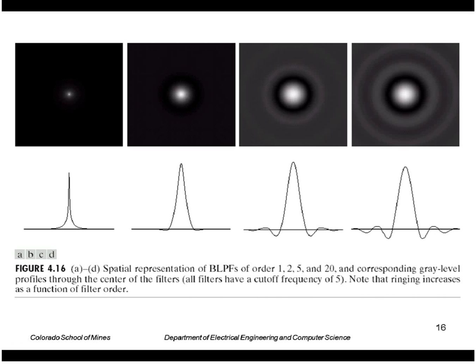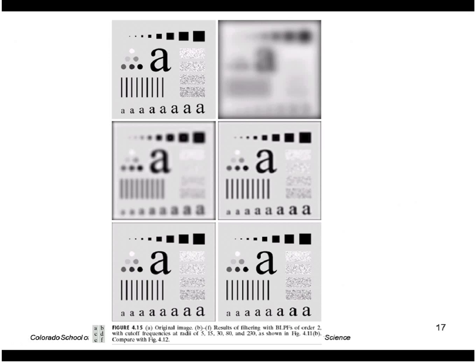Here's a cross-section of the Butterworth filter, the spatial representation, I mean. So as the value of n increases, you can see it looks like a sinc function. So that is the Fourier transform of an ideal low-pass filter, so it tends to look like that. And this is the result of applying a Butterworth filter to these images.